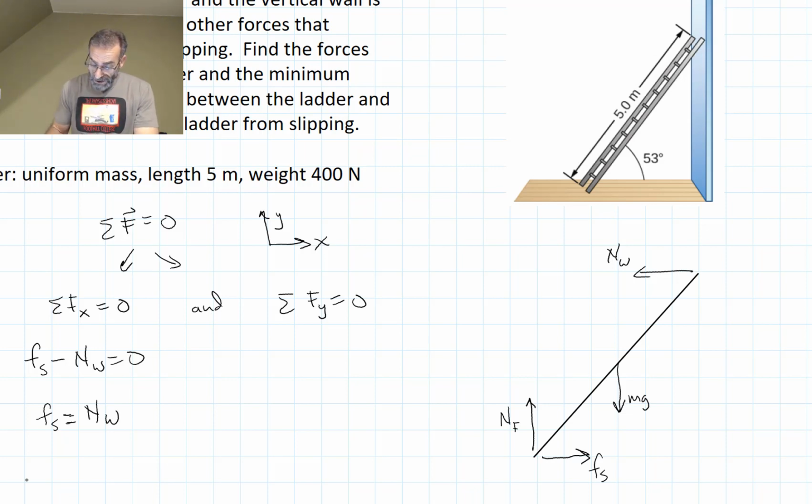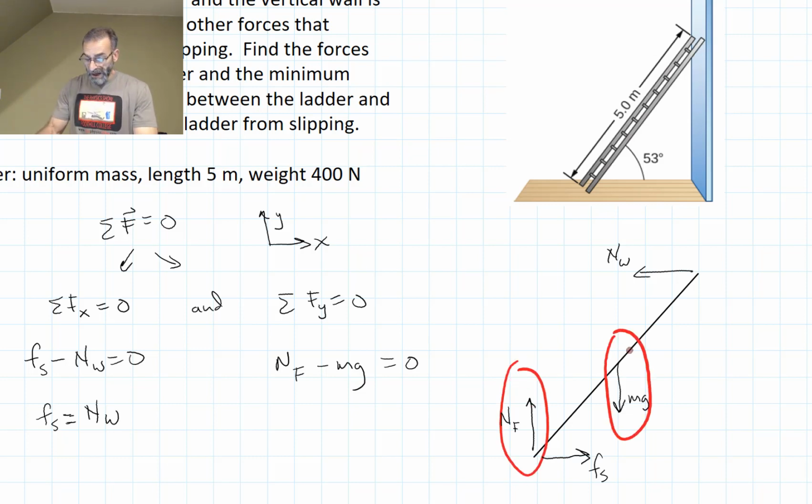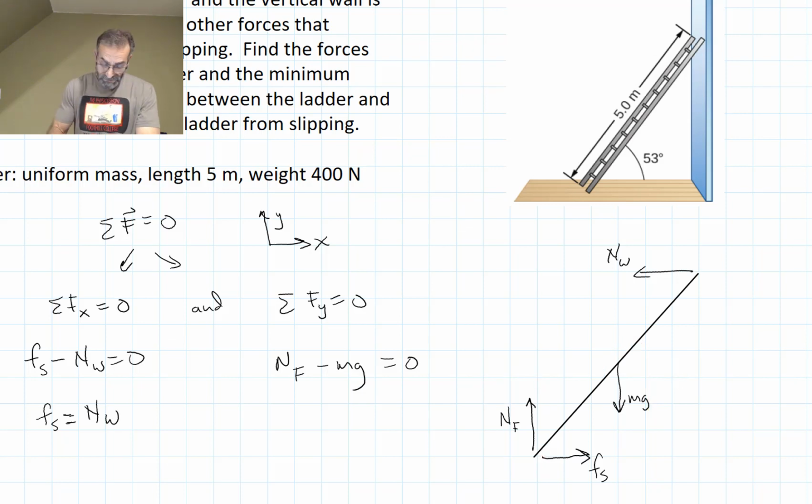Then in the y direction, I can see that the normal force from the floor minus the weight of the ladder has to add to zero because I have two forces in the y direction, one in the positive direction, one in the negative direction.